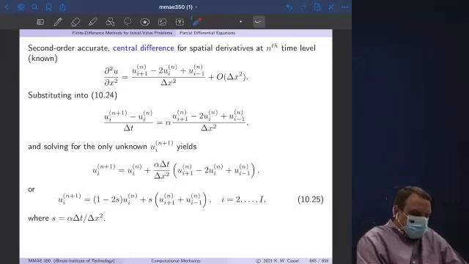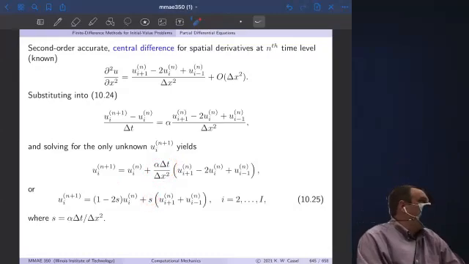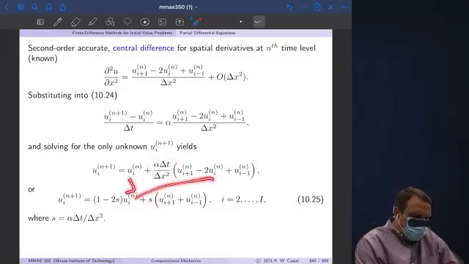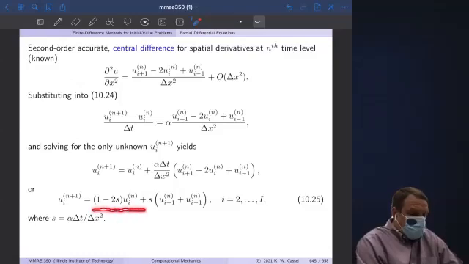All right. So I solve for the u i n plus 1. Now this alpha delta t over delta x squared, I'm going to call that S just to simplify things a bit. Here I have a u i n. So if I pull those two terms together here, then I have this as my right-hand side. Quantity 1 minus 2S times u i n plus S times the quantity u i plus 1 n plus u i minus 1 n.